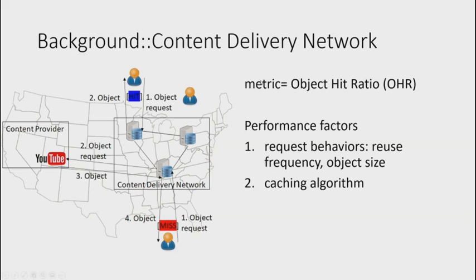With the content delivery network, when an end user requests an object, rather than sending the request directly to the content provider, the end user first sends the request to a nearby cache server on the content delivery network.